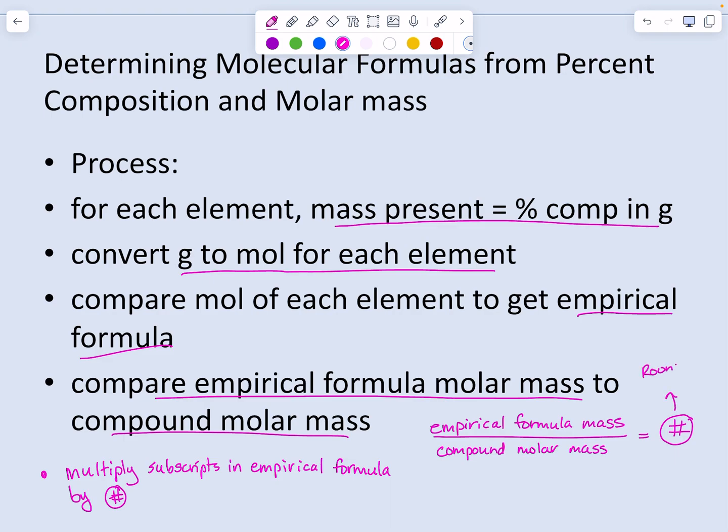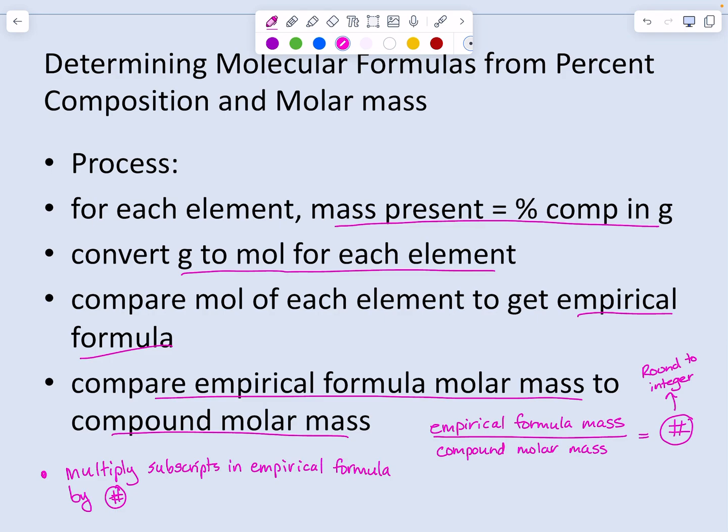And in theoretical data, it's going to round very nicely to an integer. When you have real data, you have experimental error, so you might get something like 3.97 or something like that.